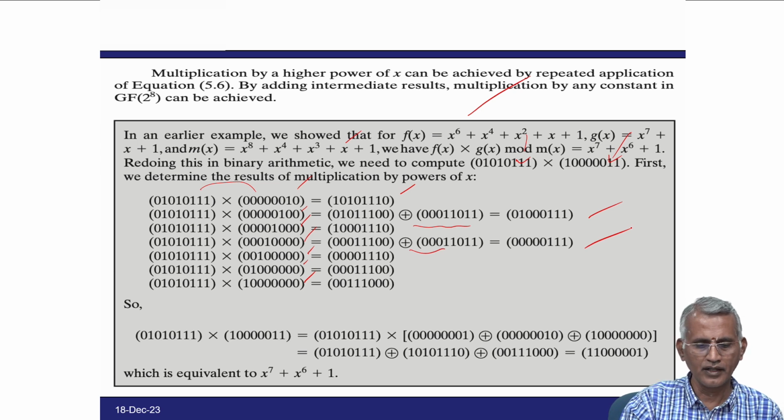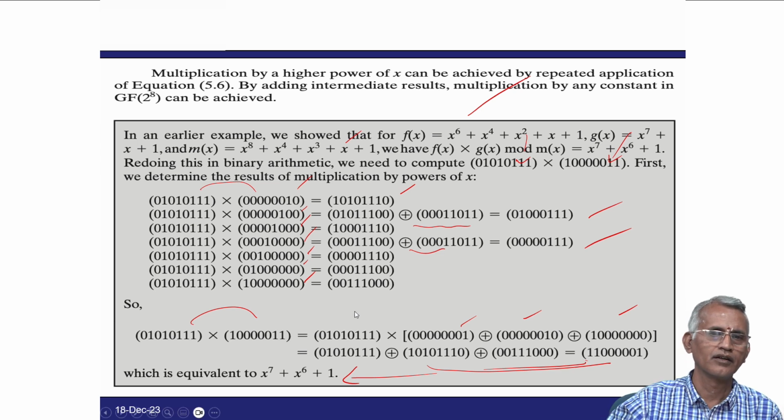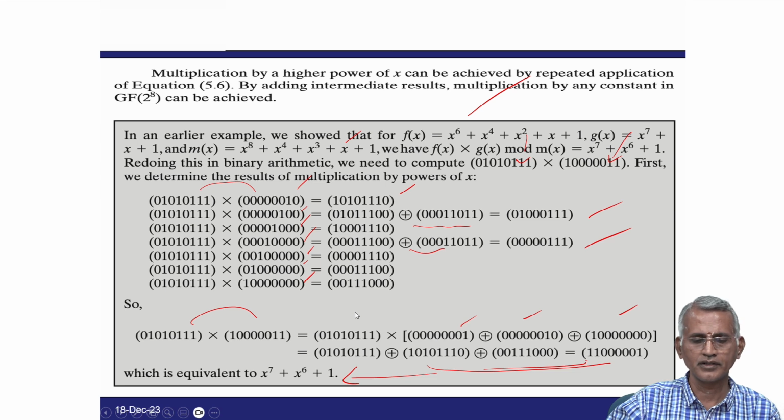Finally, the multiplication of this number by this number, and then this number by this number, is equivalent to the resultant x^7 + x^6 + 1. So, this way we can find the Galois field representation: polynomial to binary, binary to the corresponding equivalent irreducible polynomial of GF(2^8).